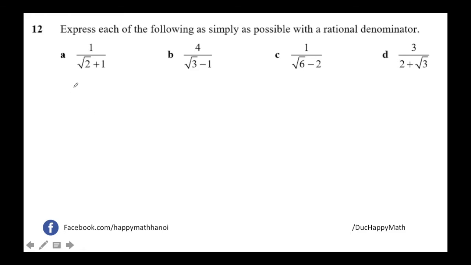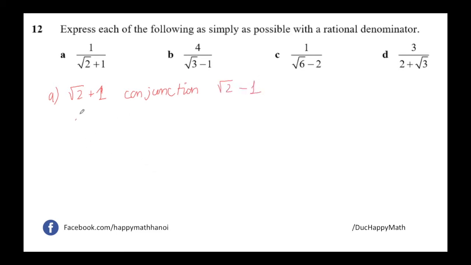For example, in question A, the denominator is square root of 2 plus 1. So it has the conjunction, which is square root of 2 minus 1.